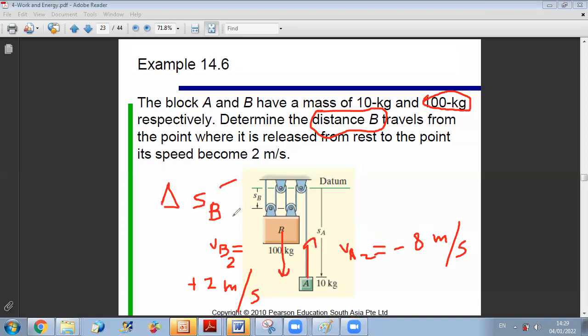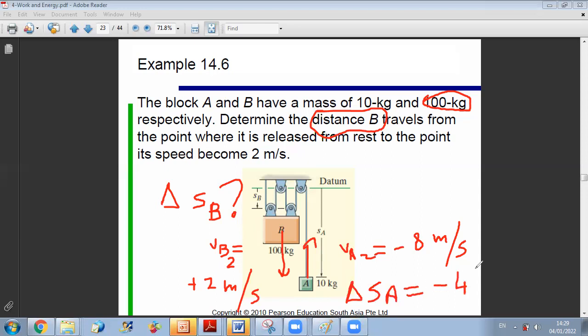What is good is that you also have a relation between delta SA and delta SB, so you can relate the displacement of A and the displacement of B. The relation, as we have found, is delta SA equals minus 4 delta SB.